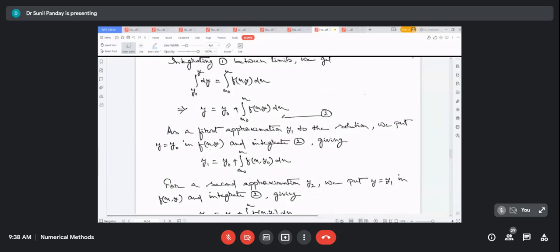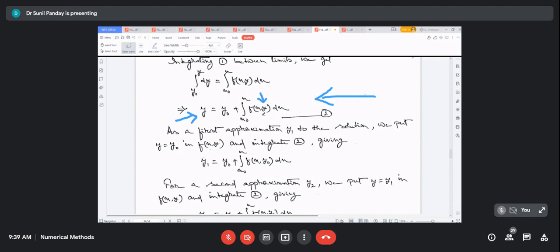You can see that equation 2 is an implicit form, because we are calculating y, but we don't know y, and the value of y is required inside the integral on the right side also. So how do we solve this?